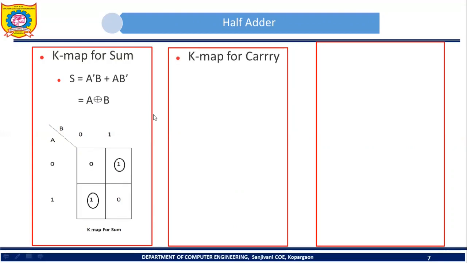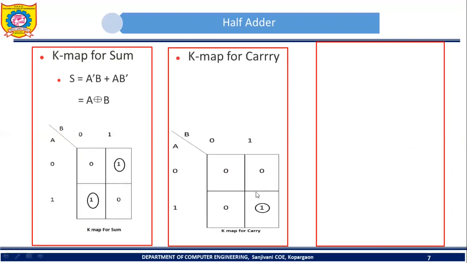Then let's see the K-map for carry. The K-map for carry will be like this. In this K-map there will be only a single one, so we have to make a group of this single one. Then the next step is to write a Boolean expression from this K-map. That expression will contain only one term, and that term will correspond to this particular group.